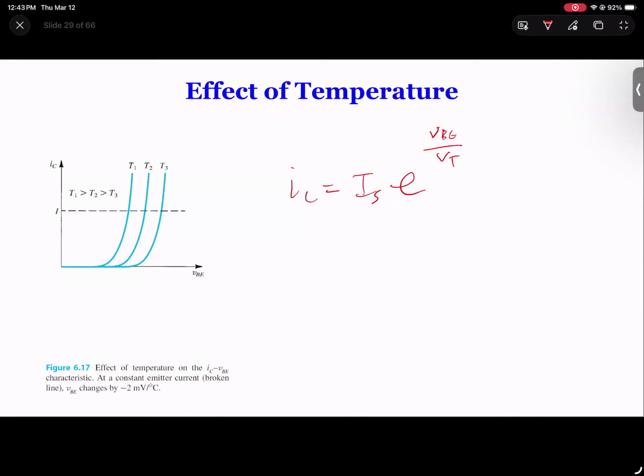So even though in your book you always got 25 degrees C, when you go to actual work, it changes so much that you have to consider it when you design your circuit. One of the things that you want is for your device to still be working in active mode, right? Because if IC changes, you might actually run out of the active mode, so your total circuit is poor.